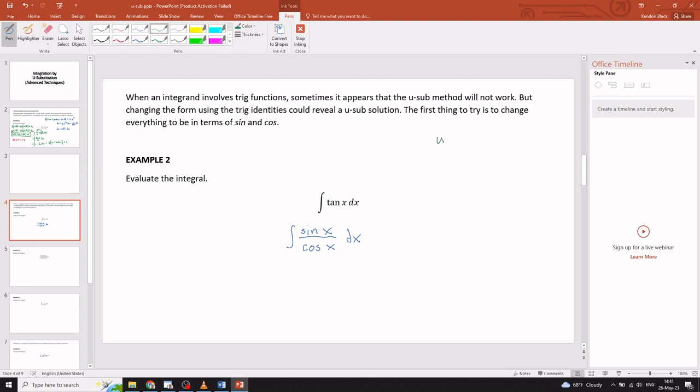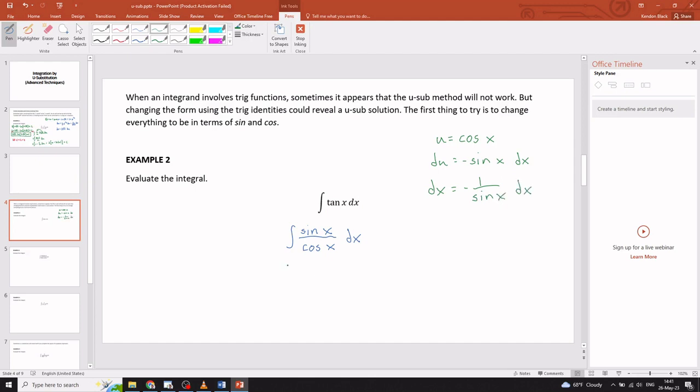So u equals cos x, du equals negative sine x dx. And dx equals, so we're going to divide by negative sine. You could write it as negative cosecant, or you could write it as -1 over sine. I think in this case it's going to work better if we write it as -1 over sine.